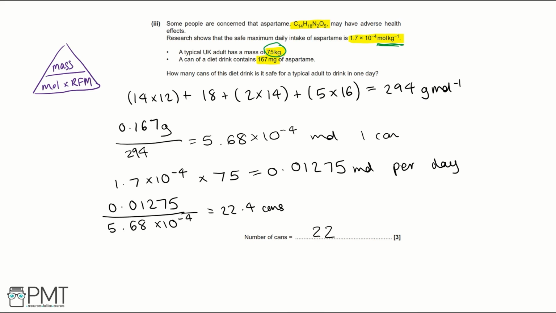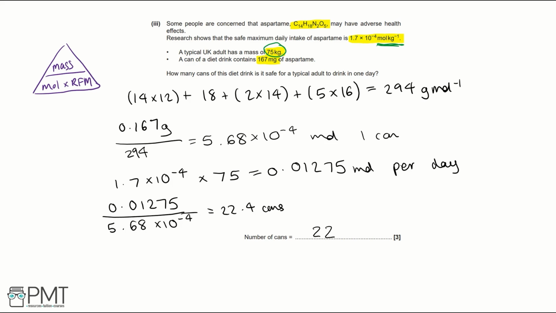Because if you have 23 cans, that's going over 22.4 and therefore over the safe amount to drink in a day. To get the 3 marks for this question, you get a mark for working out the number of moles in 1 can, so 5.68 times 10 to the negative 4 moles. You get a mark for working out the number of moles you can have per day of aspartame, so 0.01275 moles.